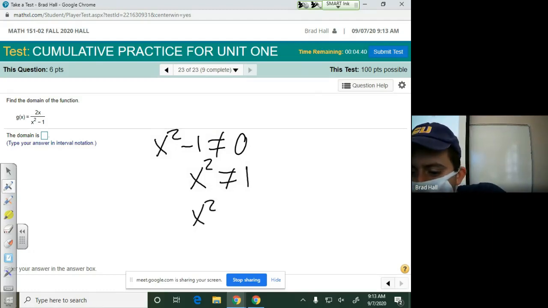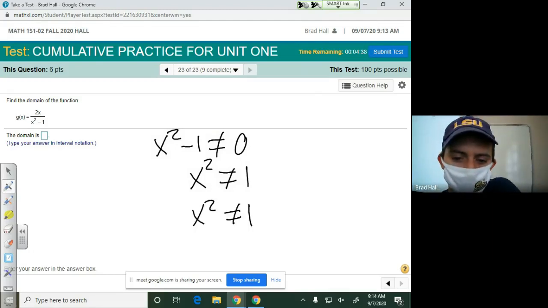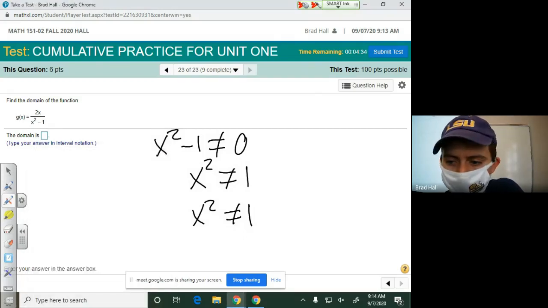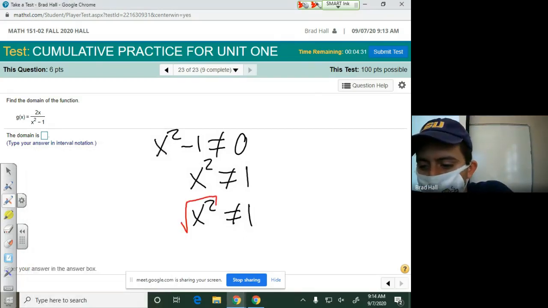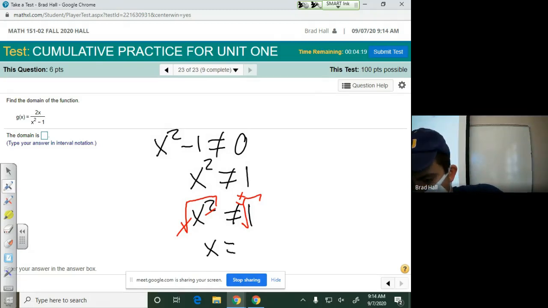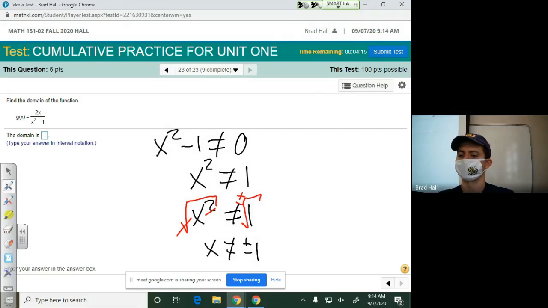I'll rewrite this because the next step I'm going to apply will be the square root. Because the square root and the square cancel out. We do have to apply a plus or minus. And now x is by itself. And we get plus or minus 1.